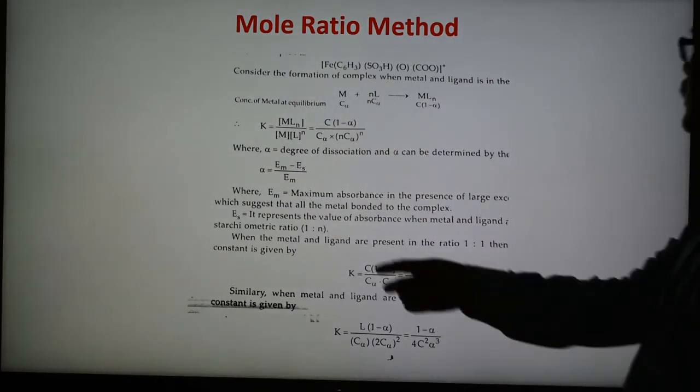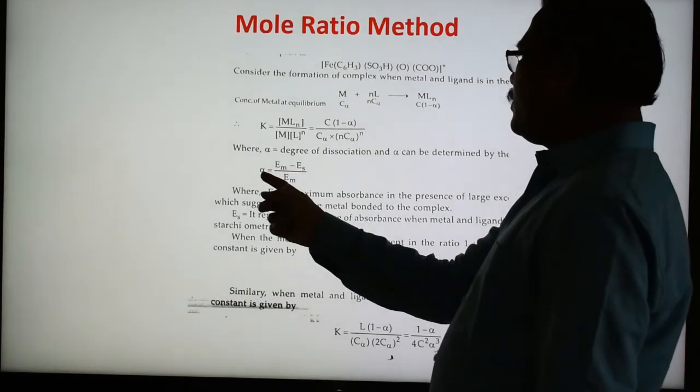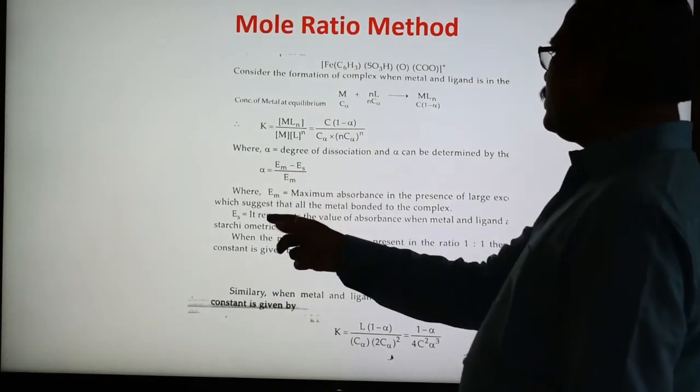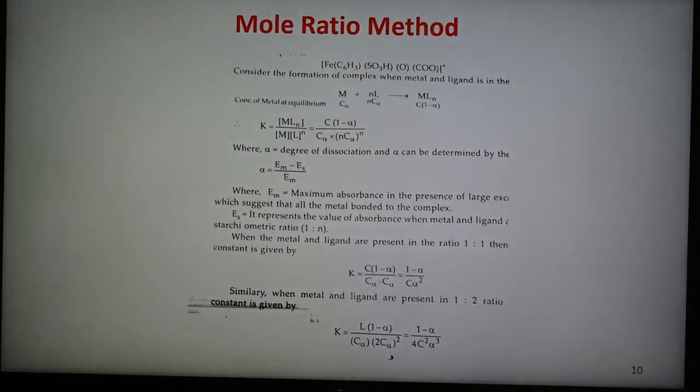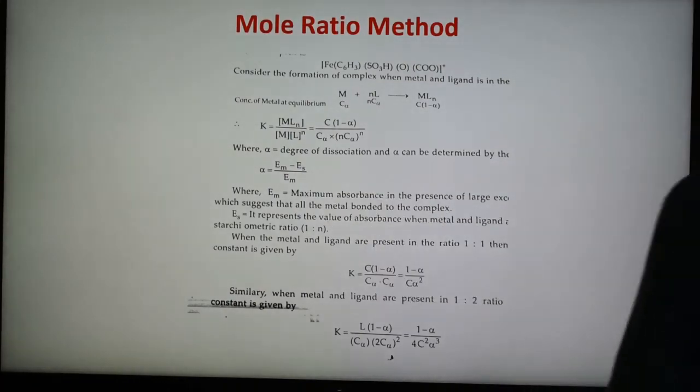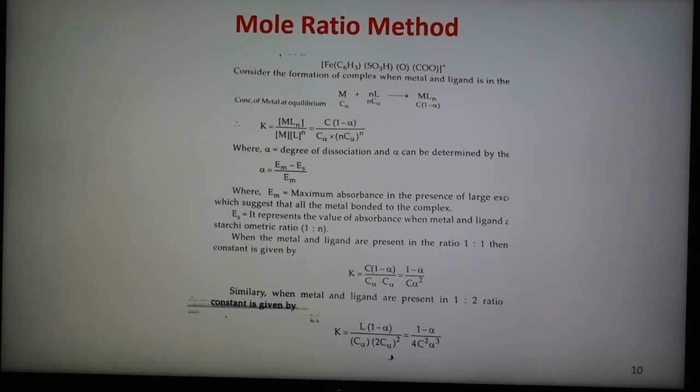So once Em and Es are known, alpha is determined, and we put the value of alpha in the equation to determine the composition and stability constant. What is Em? It is the maximum absorbance in the presence of a large excess of ligand, which suggests that all the metal is bonded to the complex.